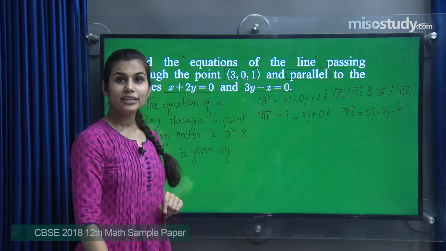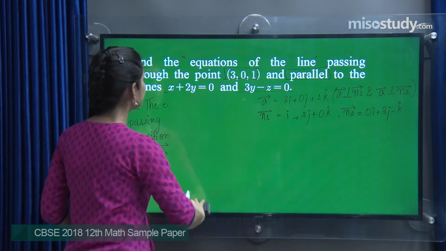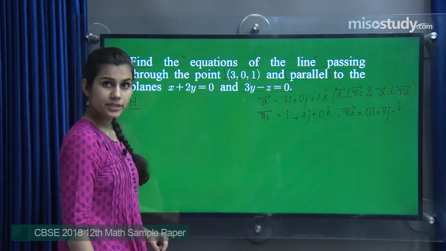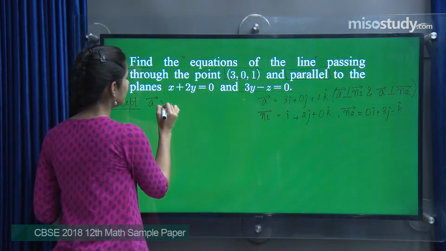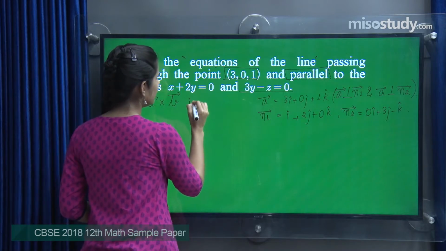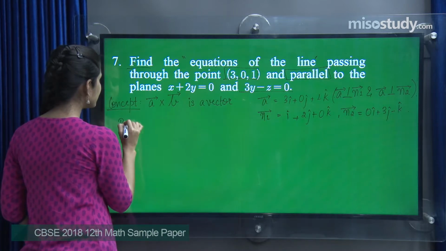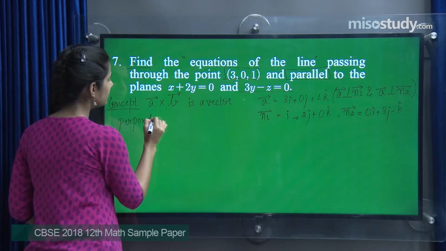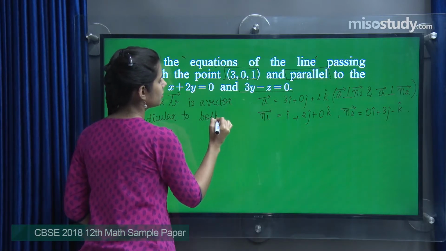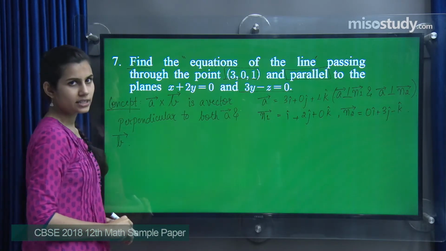Now, one thing that you have to recall is another concept based upon the cross product. What is the next concept? That A cross B, when you find the cross product of two vectors, is a vector, obviously everybody knows this, which is perpendicular to both A vector and B vector.